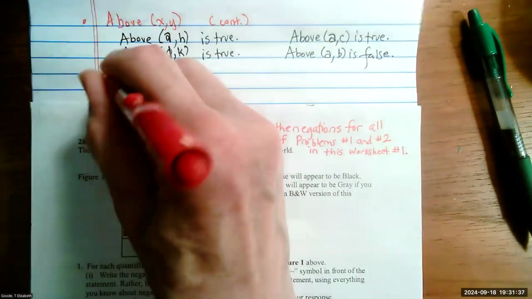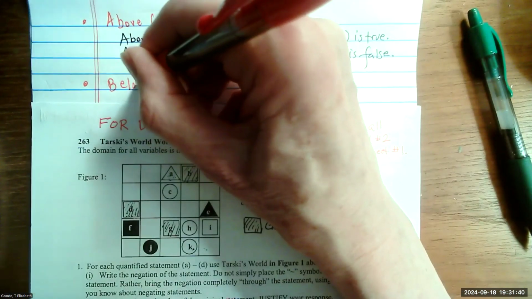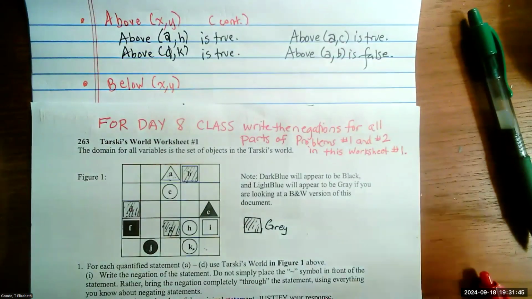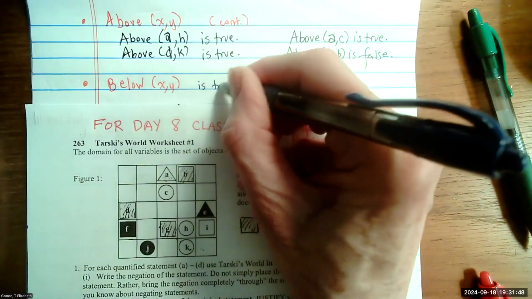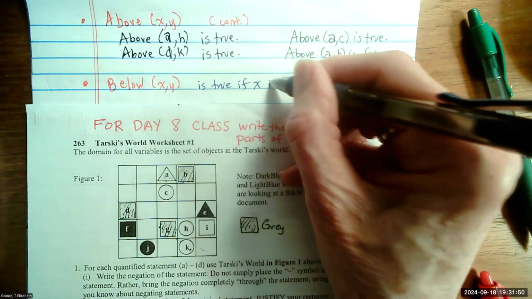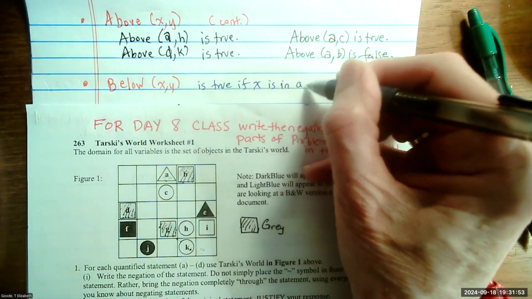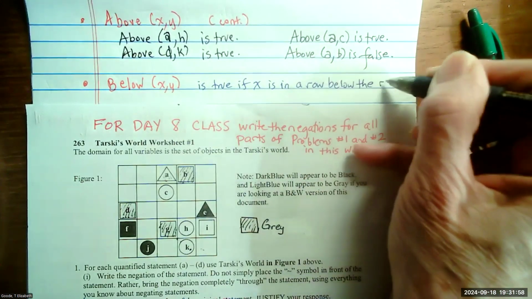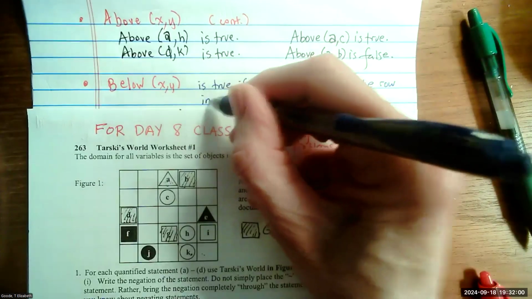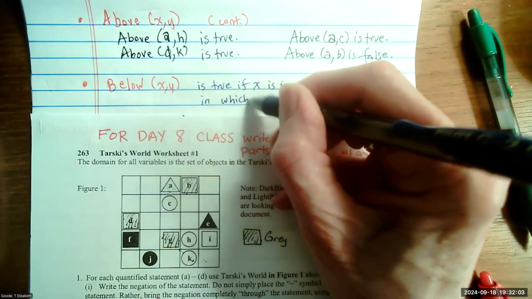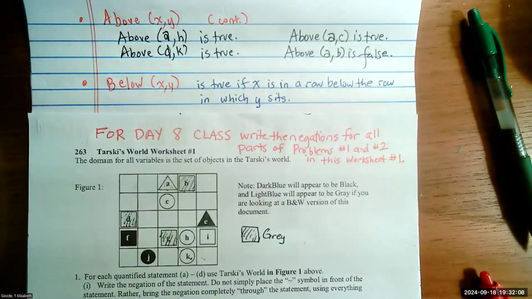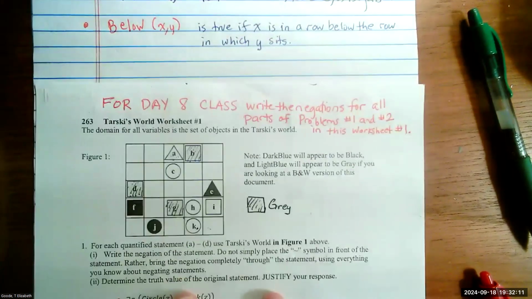All right, same idea with below x, y, folks. They don't have to be in the same column. So below x, y is true if x is in a row below the row in which y sits or resides. So for example, below C, A is true.